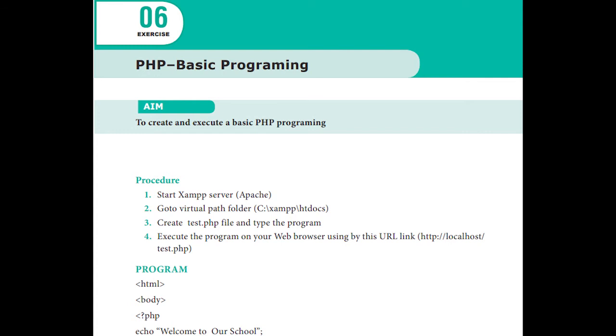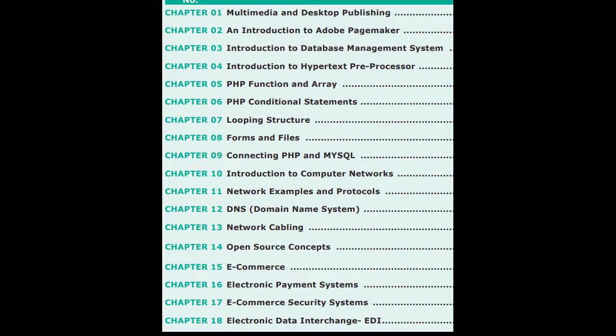Okay, that is your sixth exercise. In your theory chapter, from your fifth chapter, you will be starting to learn PHP, and step by step, when you are learning this PHP, you will be able to write the codings on your own also.